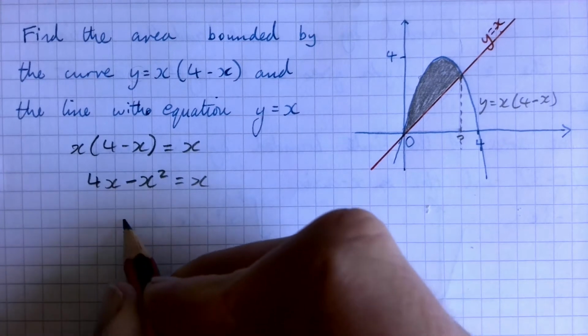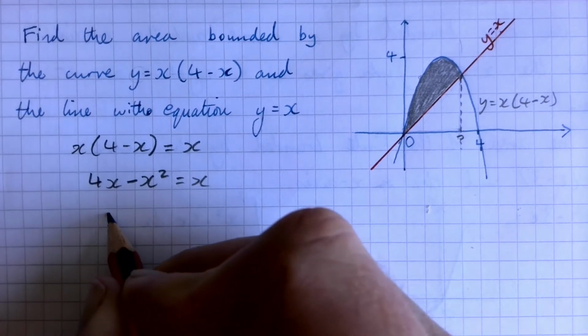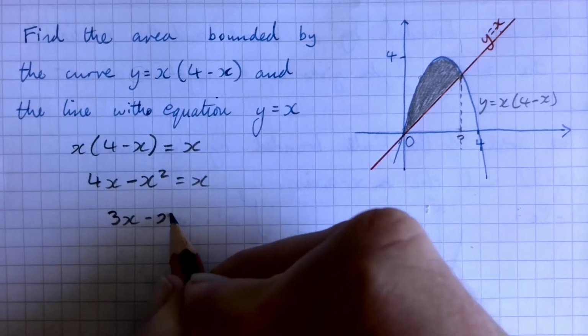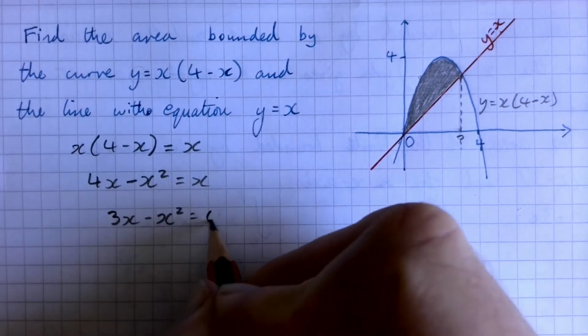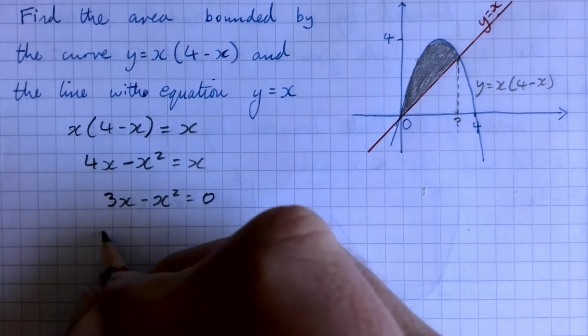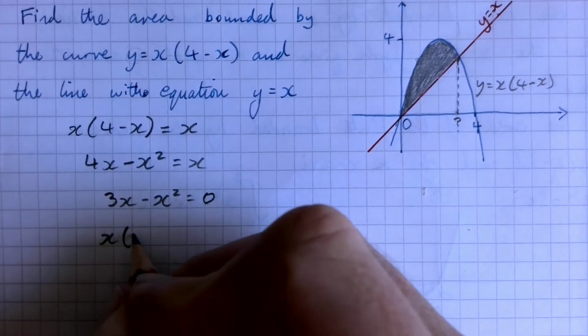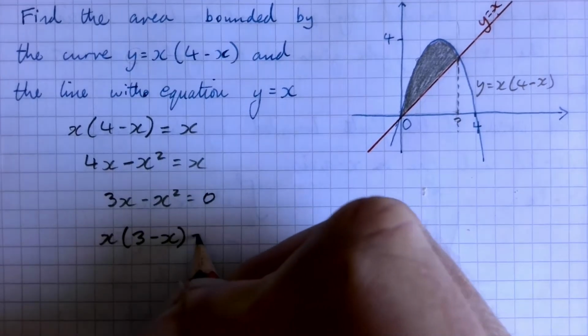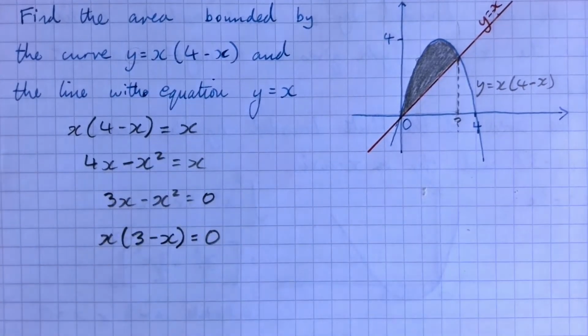Take the x across to the other side and we get 3x minus x squared is equal to 0. Now if I were to factorize that, I would get x(3 minus x) is equal to 0.